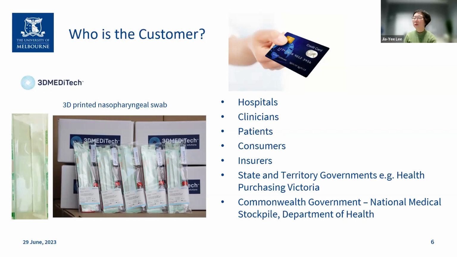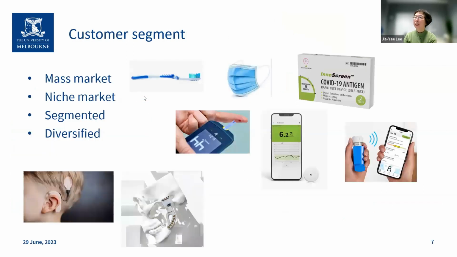So if you think about the customer, well, it was a Commonwealth government, Department of Health. You would not find patients paying for it. You would not find the insurers paying for it. Hospitals may end up being a customer if they buy these types of devices through the state government's Health Purchasing Victoria entity. Health Purchasing Victoria is now rebadged as Health Share Victoria. So it's worthwhile considering who your customers are.